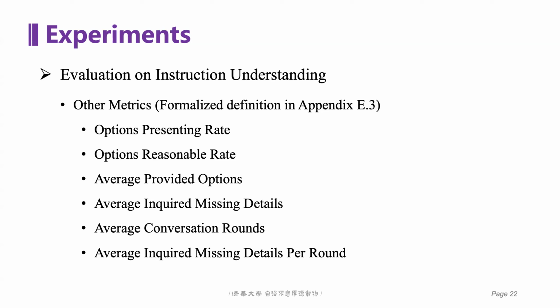You can check the definitions offline through our paper. We include things like the options presenting rate, the average number of provided options. Some of them are not metrics, but mainly statistics to show our model's effectiveness.